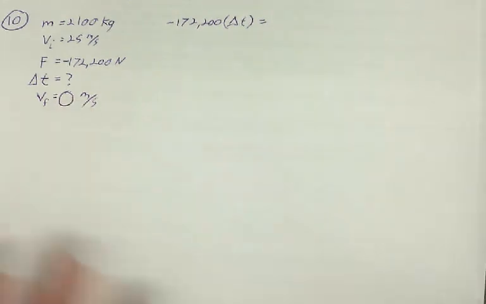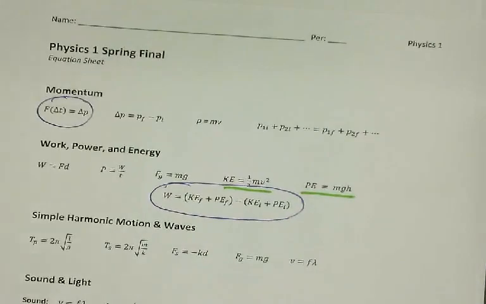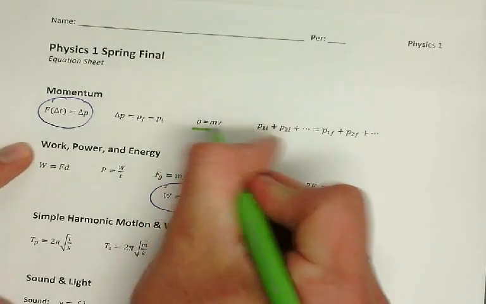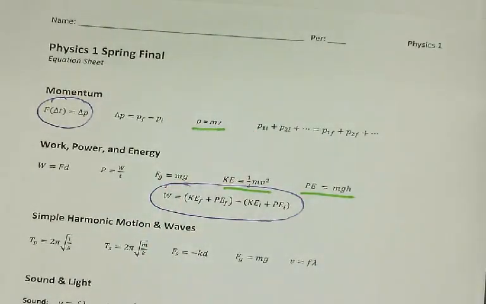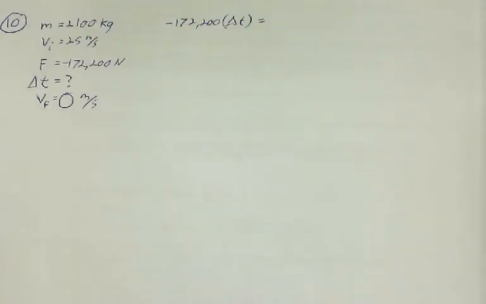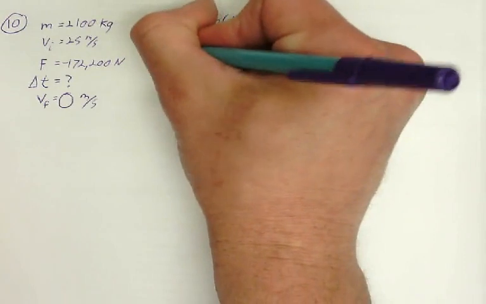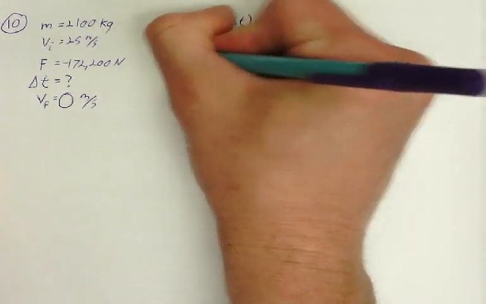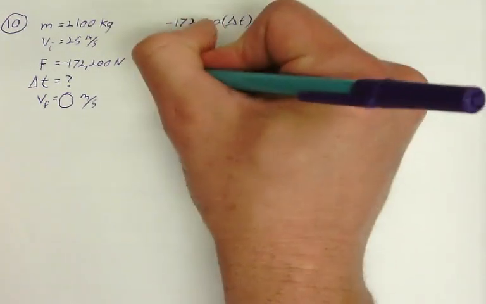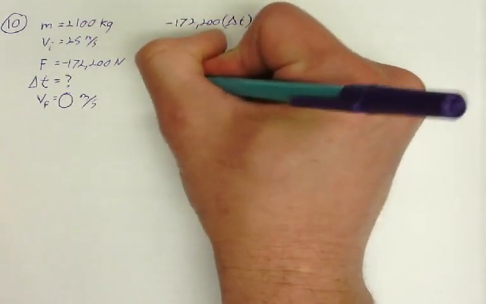Okay, well that's a problem. So I'm going back to my equation and saying, what do I do with p? Oh, p equals mv. So I need to find the final momentum and the initial momentum.